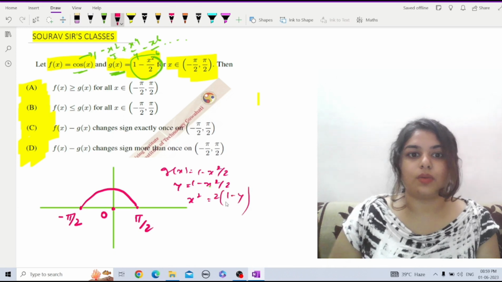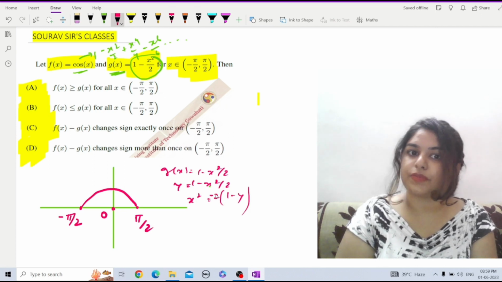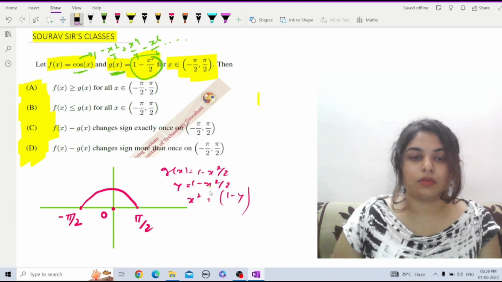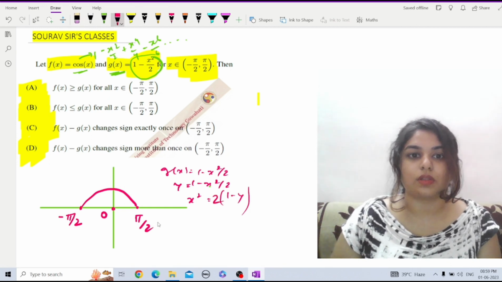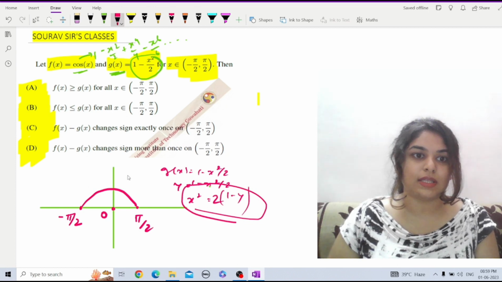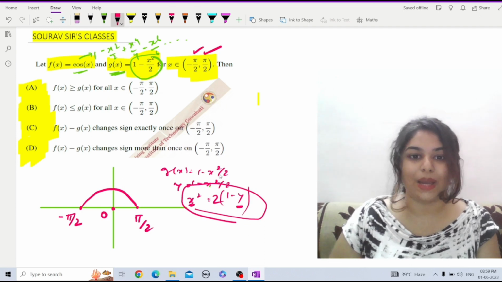So it is clear that the face of the parabola will be facing this side. Now we have to calculate the vertex point here, so for that we will try to find the value of y with respect to x, as x belongs to -pi/2 and pi/2.